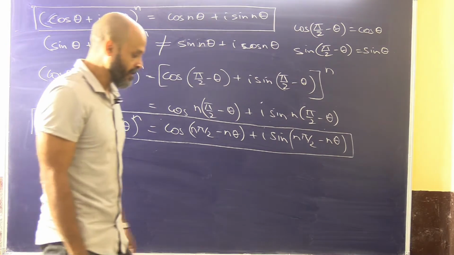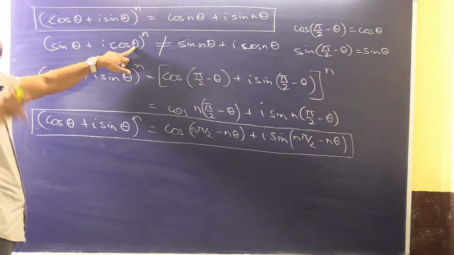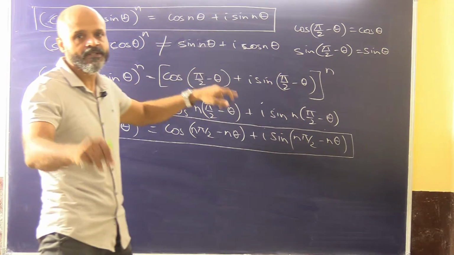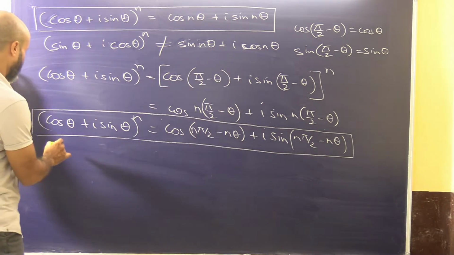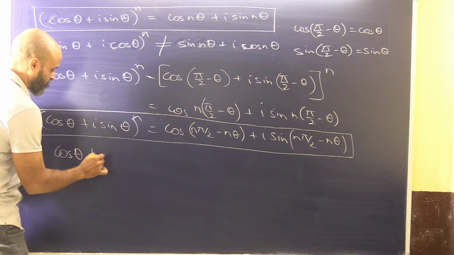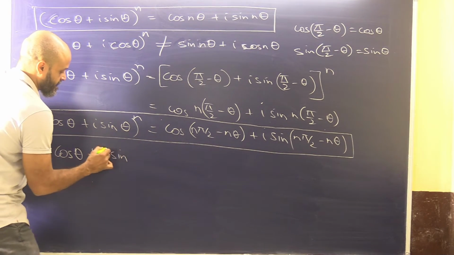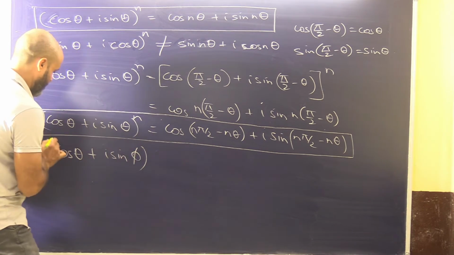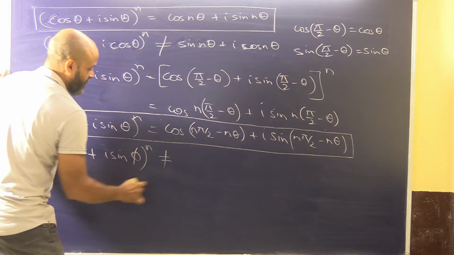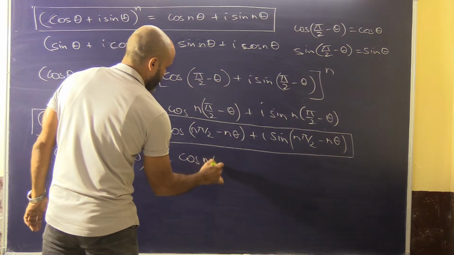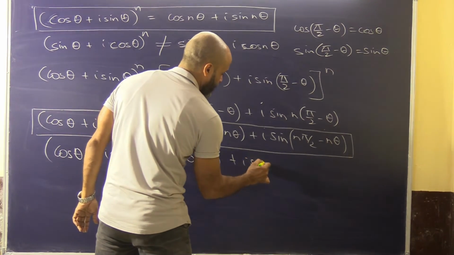One thing more, if I happen to change the angle, then also De Moivre's theorem will not be applicable. So if I say cos theta plus I sin phi, any other angle phi, to the power of n, this will not be equal to cos n theta plus I sin n phi.